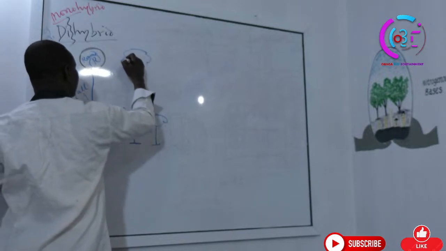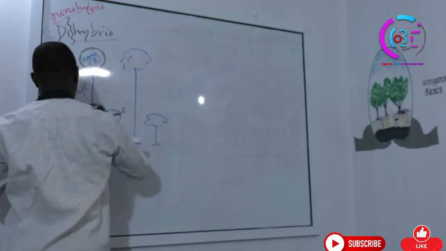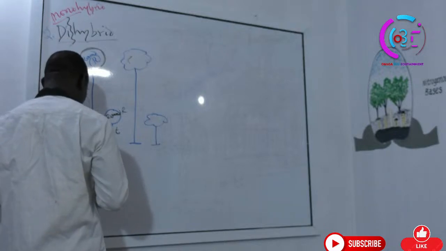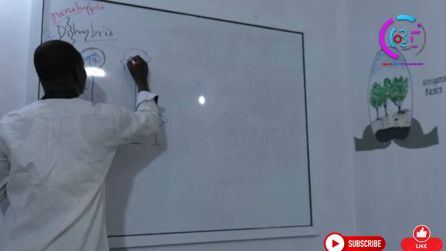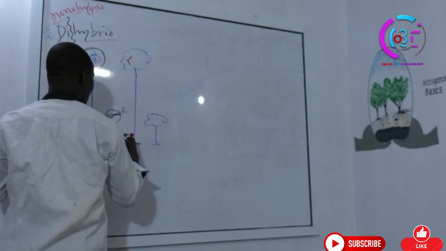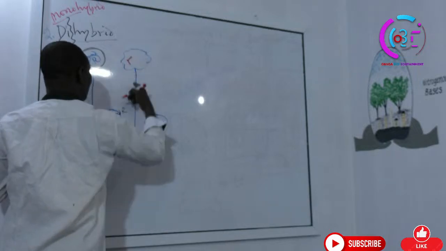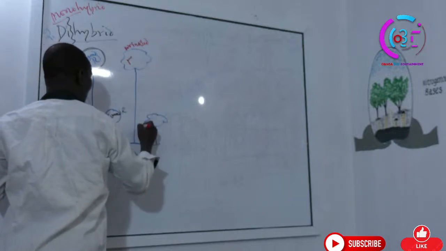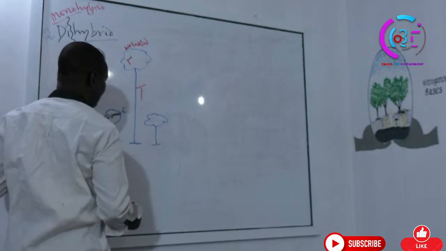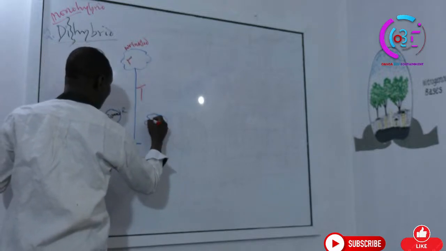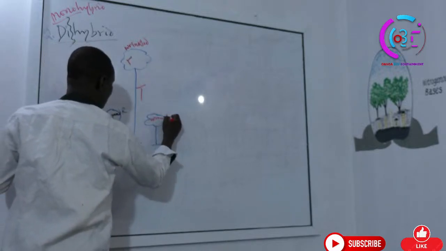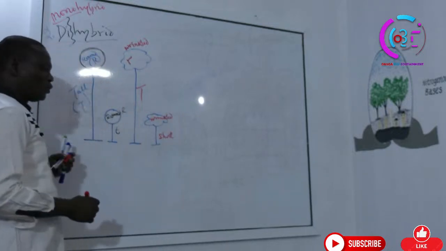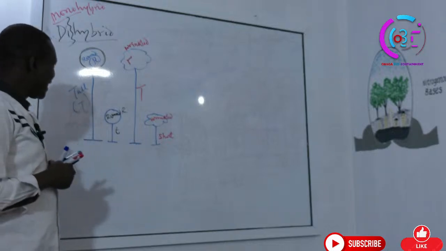This one is wrinkled, the alternative form of capital R, which is small r. So this one is round, this one is wrinkled and tall, that is capital letter T, whereas this one is also wrinkled, then short as well. So that is the law of dihybrid inheritance.